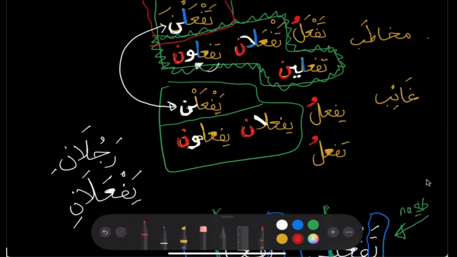Because when you say rajulani here, this alif right here, that's a sign of rafa. And when you say yaf'alani, this alif here, that's a pronoun. It's not the same alif. And this noon in rajulani is a replacement for the tanween that would exist in the singular form.